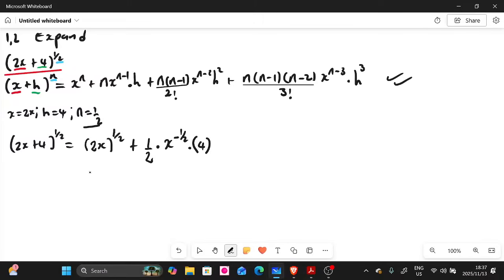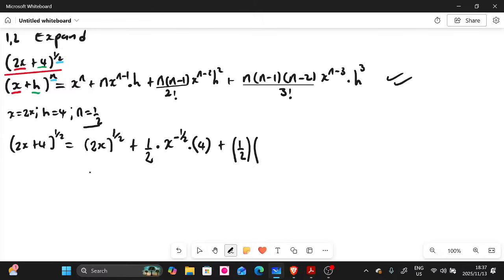Right, we continue. We go to the third term, plus. Now the third term is a bit complex. We have n, open bracket, n minus 1, divided by 2 factorial, multiplied by x to the power of n minus 2, h squared. So we know that n is 1 over 2. So let's put it inside the bracket, 1 over 2, multiplied by n minus 1.